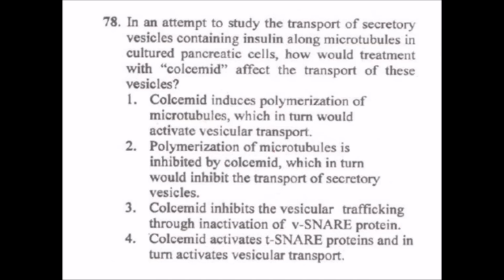One is that it depolymerizes the microtubules, and the other is that it will affect the ER organization. So as per this, the answer will be number 2, because here the polymerization will be inhibited by colchicine, and another thing is that if it is affecting the endoplasmic reticulum, which is involved in the secretory pathway, it will also inhibit the transport of secretory vesicles. So the answer will be number 2.